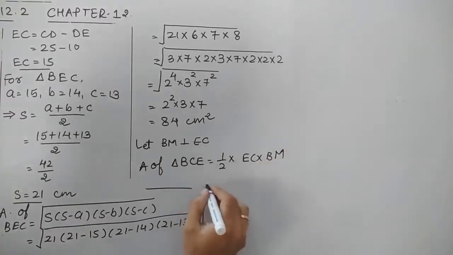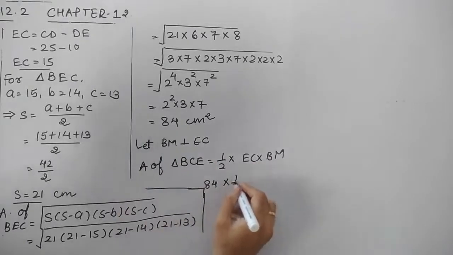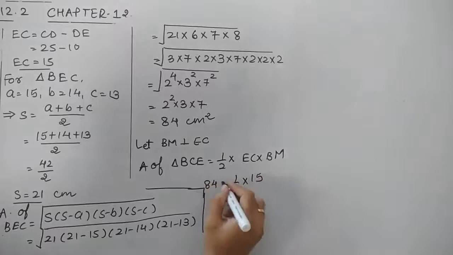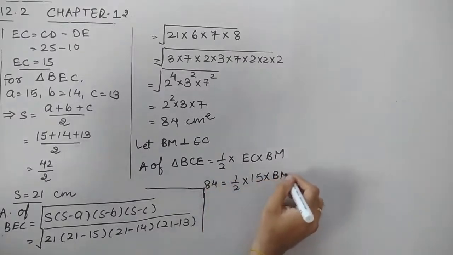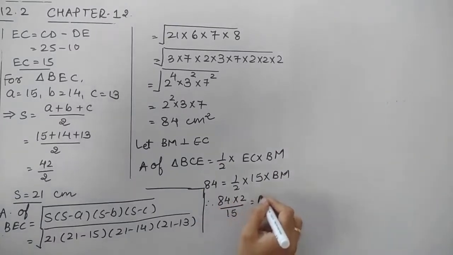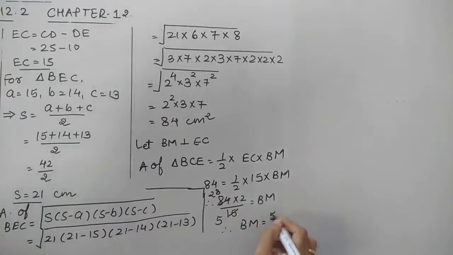The area we just obtained is 84, equal to half into EC, which is given 15, into BM, which we have to find out. Taking both the terms to the left-hand side, 84 into 2 divided by 15 is equal to BM. The value of BM we obtain here is 56 upon 5 centimeter.